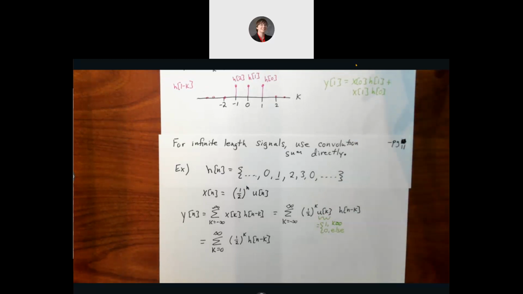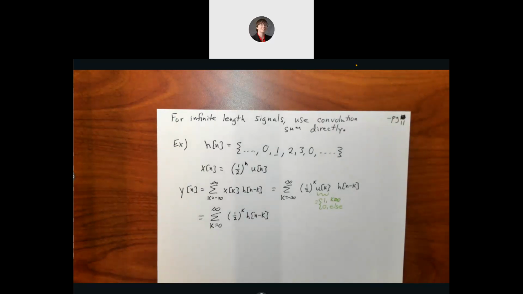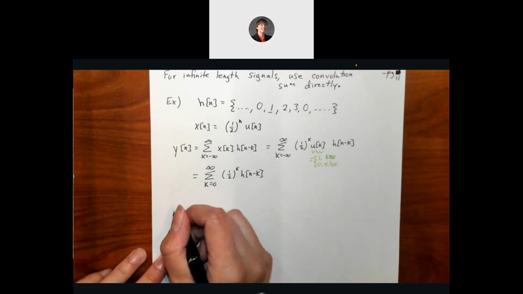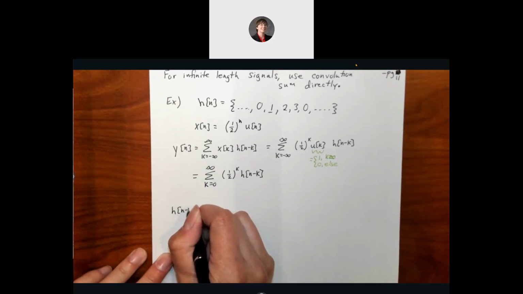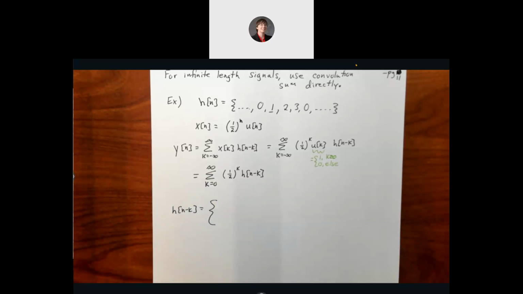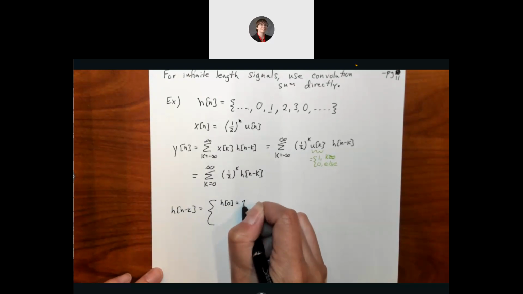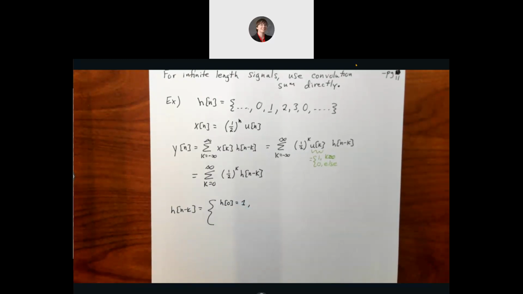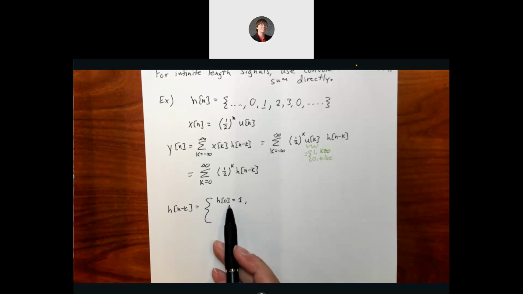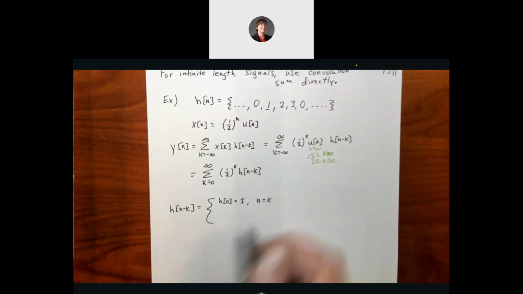So our h of n minus k, what does that look like? We have h of 0 is equal to 1. So when is this argument 0?